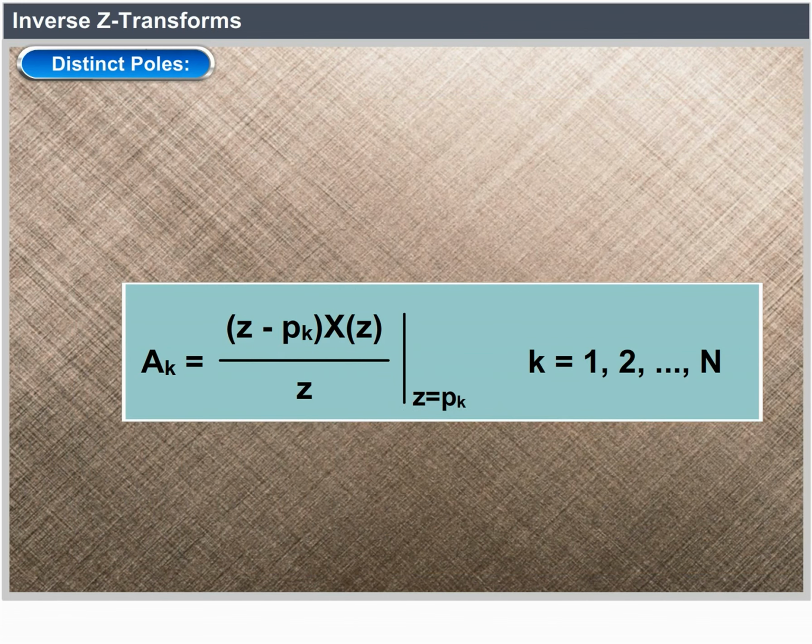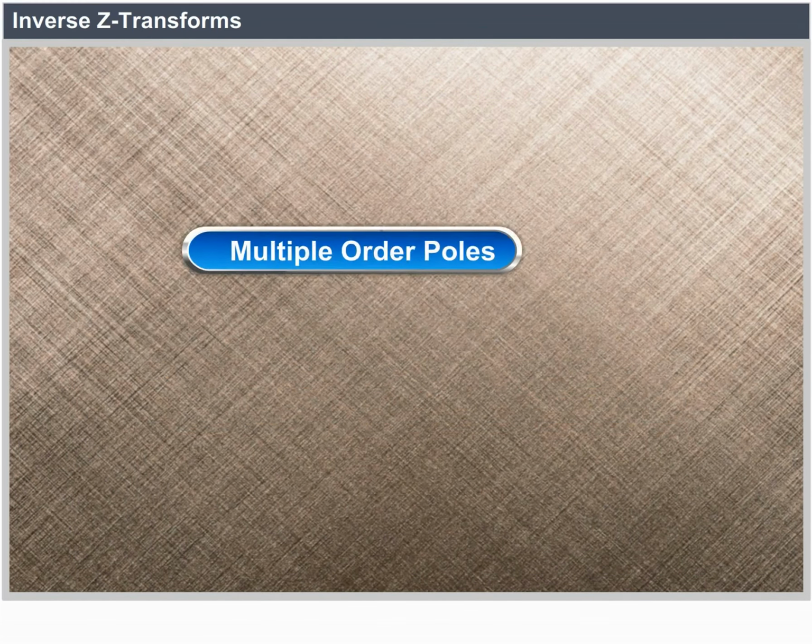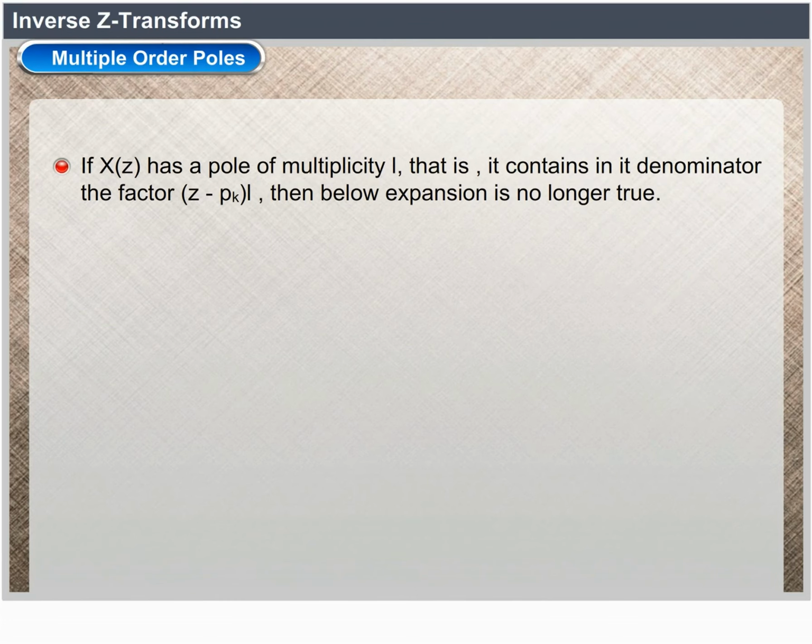Multiple order poles. If X(z) has a pole of multiplicity L, that is, it contains in its denominator the factor (z - pk)^L, then the above expansion is no longer true.